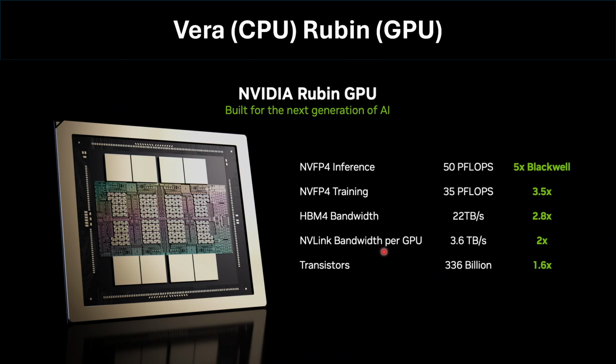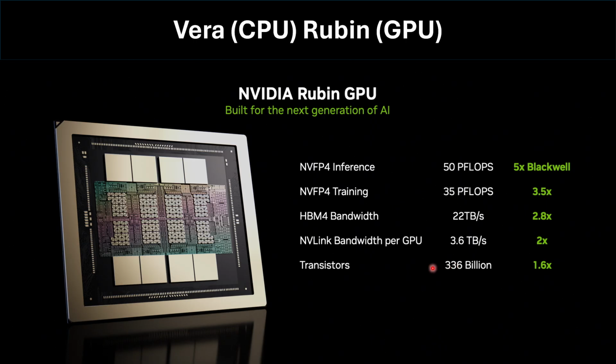Also, NVLink bandwidth per GPU. We mentioned this previously when we talked about NVLink 6.0. It's 3.6 terabytes per second, doubled in comparison with the Blackwell architecture, because there it was 1.8 terabytes per second.